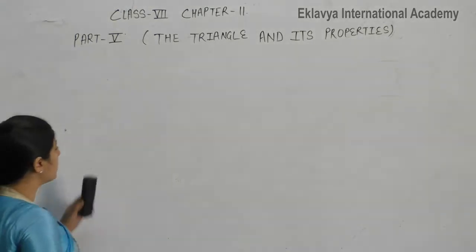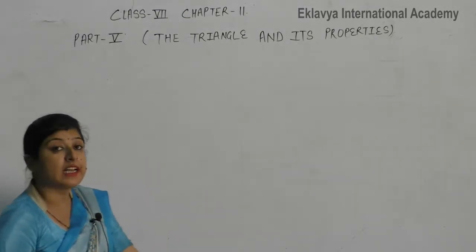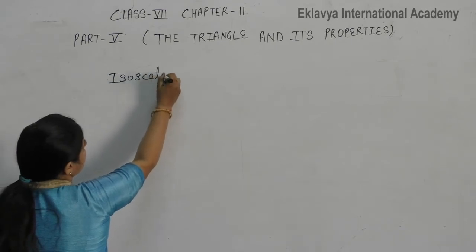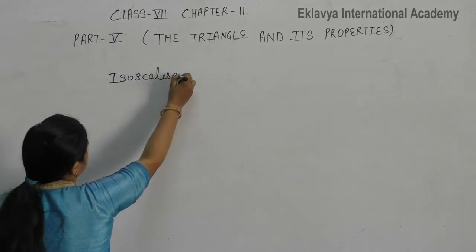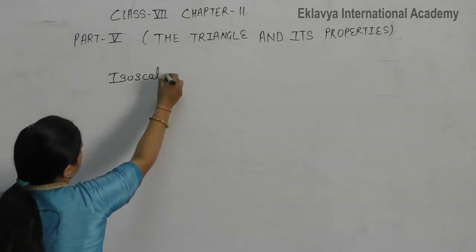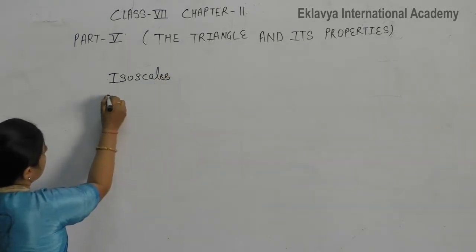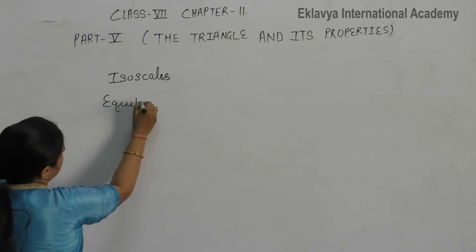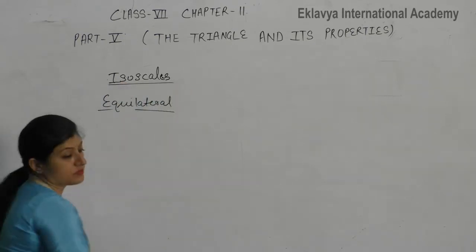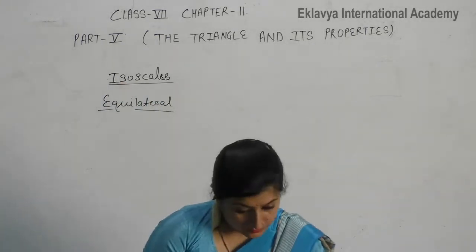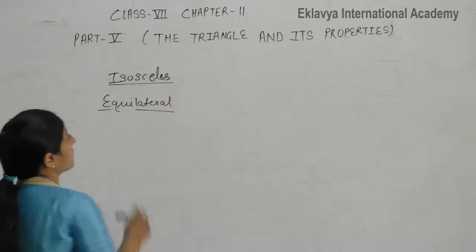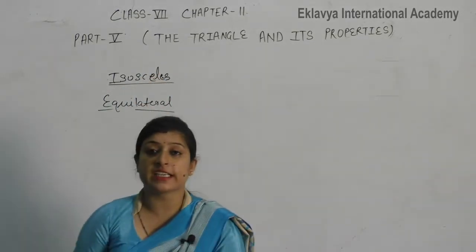We have two special types of triangle, that is isosceles triangle and equilateral triangle.